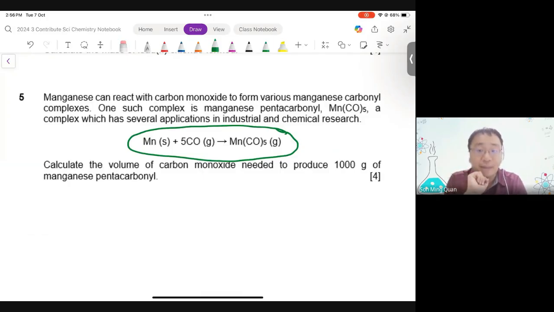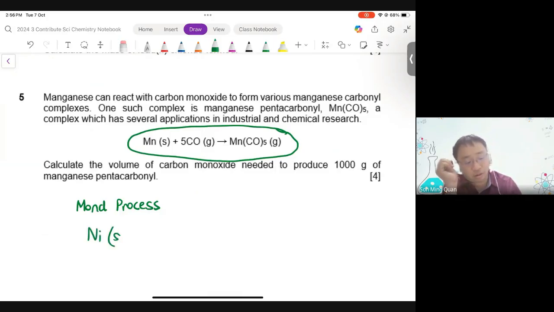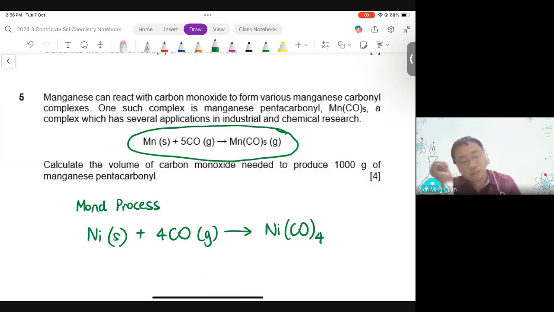The Sin Min Sec paper had shown you a process called the Mond process, right? So in the Mond process, we use nickel, but the reaction is actually remarkably similar. There are some slight differences, of course.